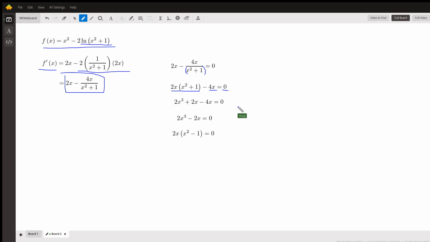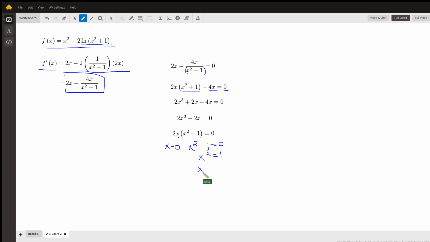Simplify, and since it's set equal to 0, we can solve by factoring out a 2x, leaving x squared minus 1. At that point, x equals 0 from here, or x squared minus 1 equals 0. x squared equals 1.